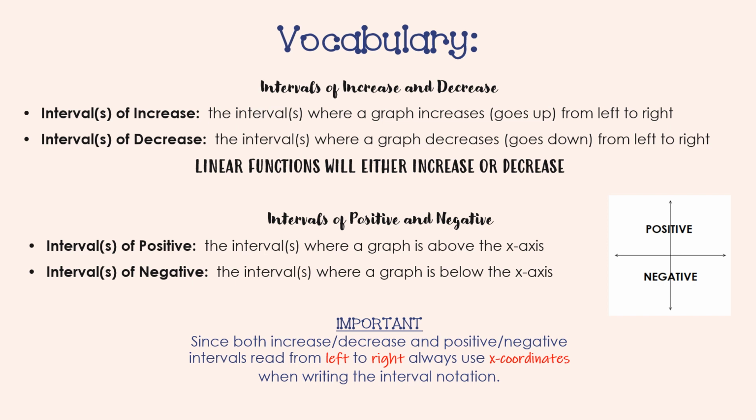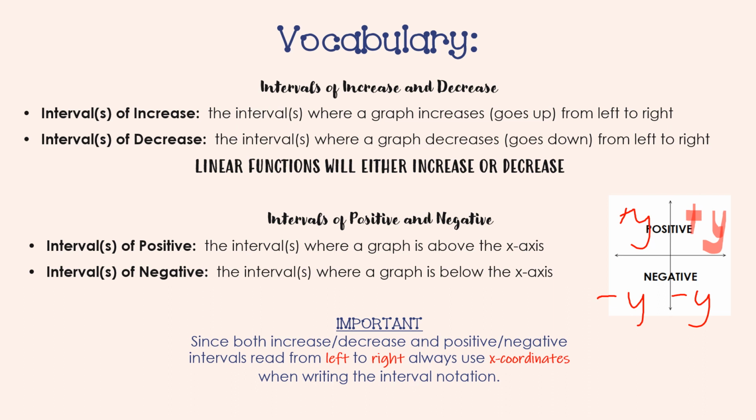Positive and negative have to do with whether your graph is above or below the x-axis. For positive, you're looking at positive y values. Well, positive y values fall in the first and also in the second quadrant, and that's why it's positive when it is above the x-axis. It is negative when it's below the x-axis.